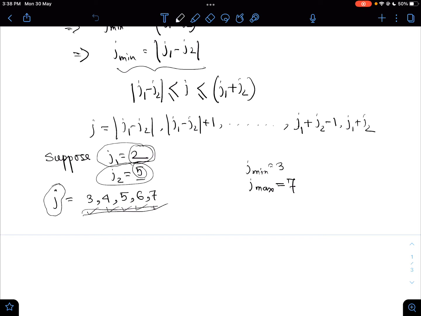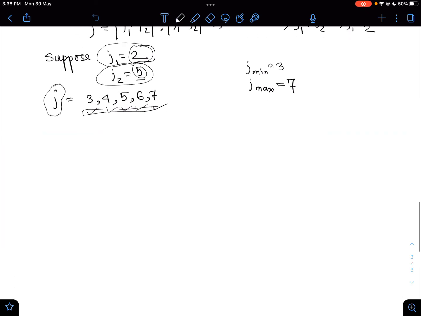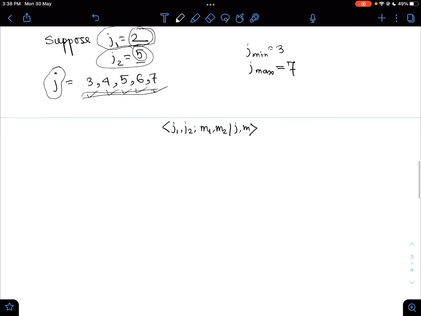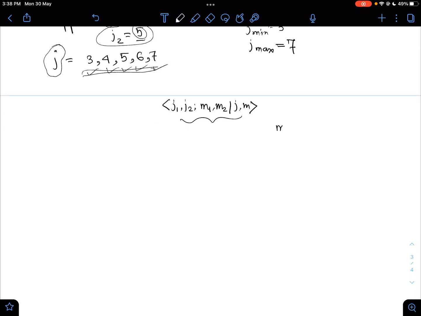Okay, so now let us find the Clebsch-Gordan coefficients, J1, J2, M1, M2 with J, M. So first, notice that this coefficient will vanish unless M equals M1 plus M2.